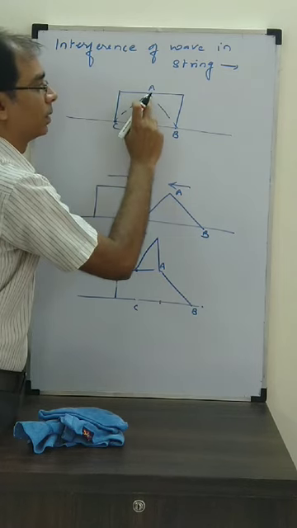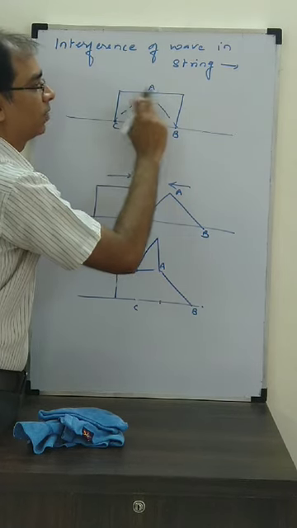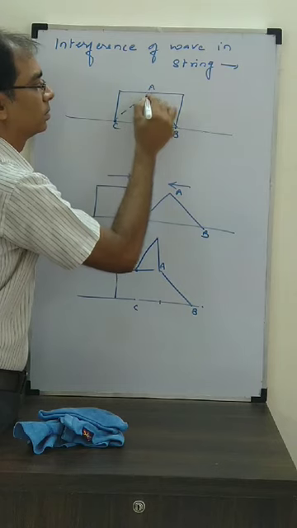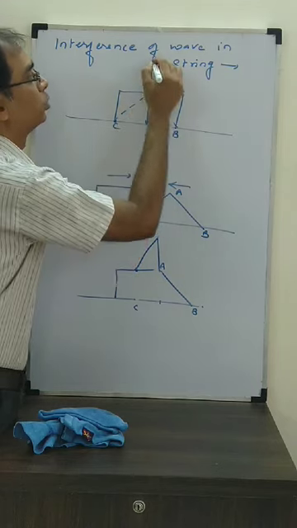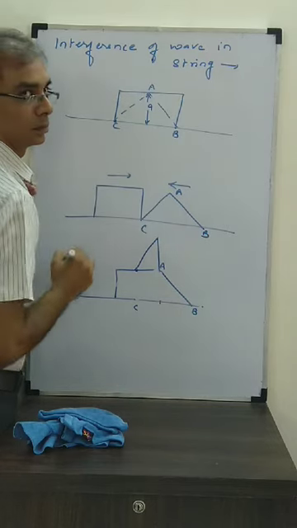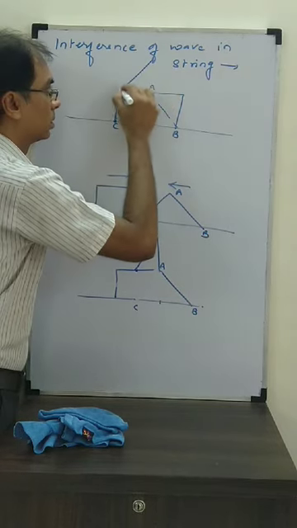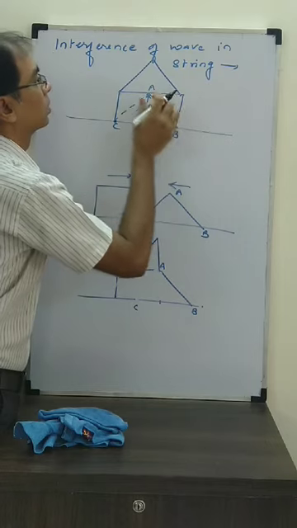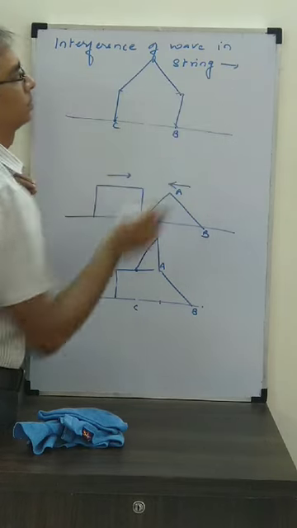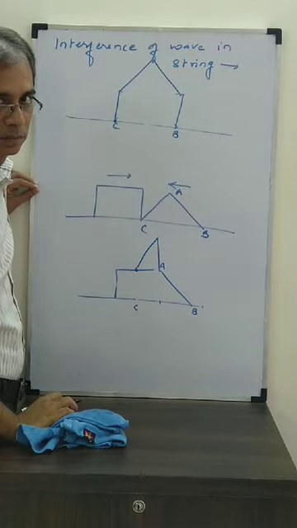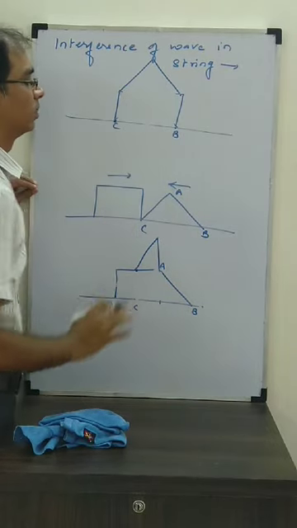But at this point, displacement of the rectangular pulse is A and the triangular pulse also is A. So this point will shoot up. So this will be visible to us. Is that clear? This type of pulse will be visible to us.